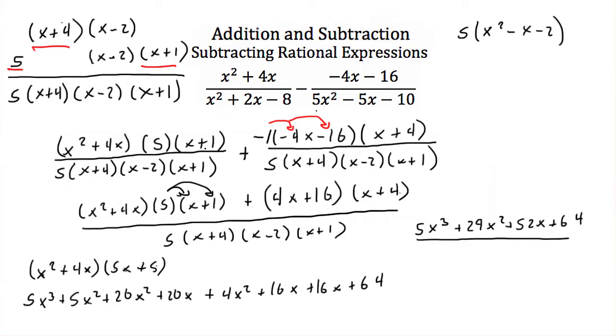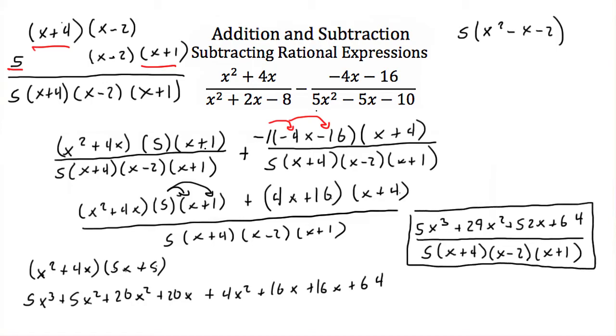This is all over 5 times x plus 4 times x minus 2 times x plus 1. Now you could FOIL out your denominator if you want to, but you don't need to. This would be our solution for our subtraction.